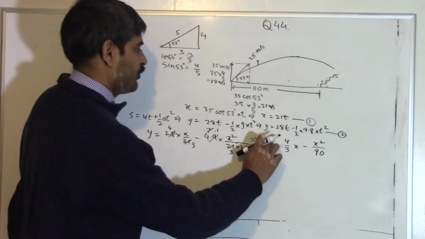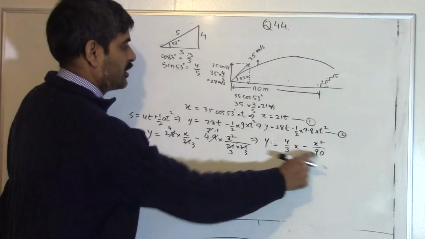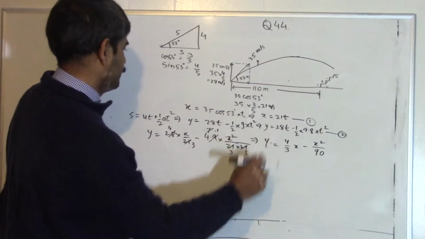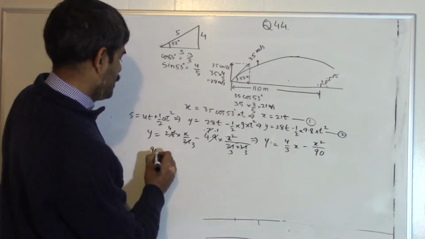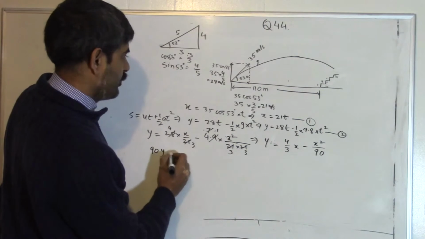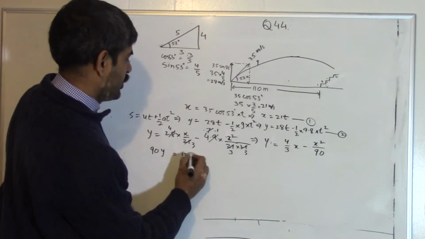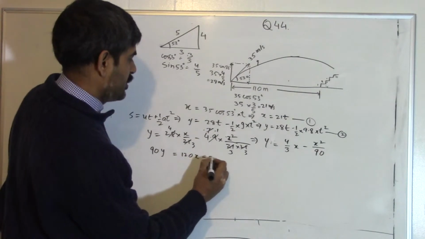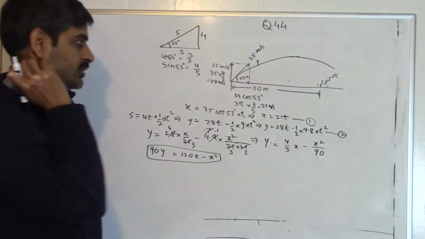If you rearrange this equation, it becomes 90y is equal to 120x minus x square. This is our equation of the trajectory of the motion.